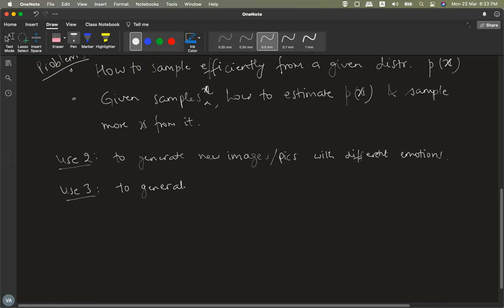Yes, to generate artistic images by combining different concepts. It's very much like use number two, but okay, fine. Any more utility?